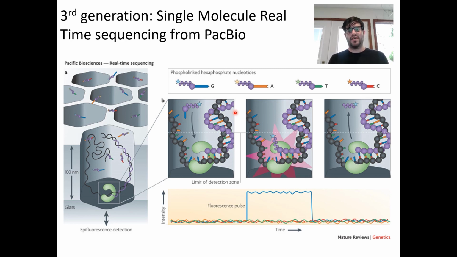In those cases, they relied on a PCR reaction to amplify a single piece of DNA into millions or billions of sequences that we could then analyze and identify at the single base pair.